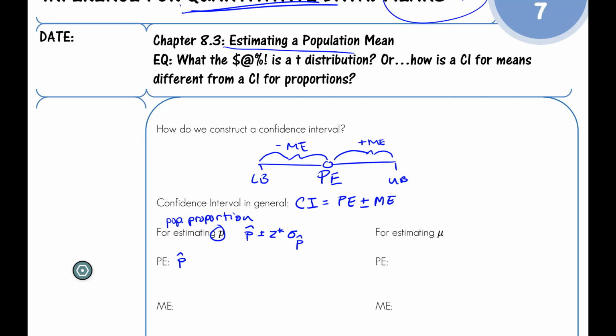The standard deviation of the sampling distribution, though, we remember that we couldn't actually work with that. That wasn't allowed because that formula was found by taking the square root of p times 1 minus p over n. We can't do that because we can't use p. We don't know what the population proportion was. So instead, we said it was going to be p hat plus or minus z star times the standard error of p hat.